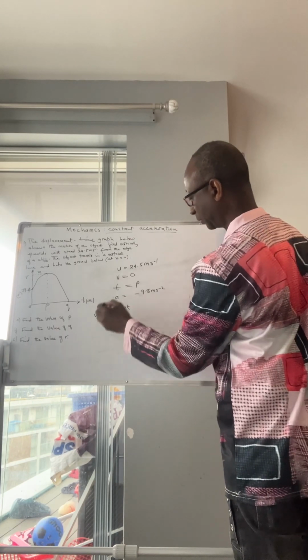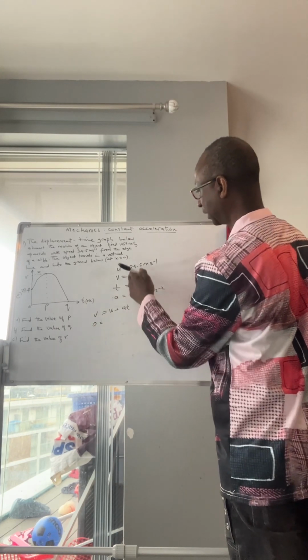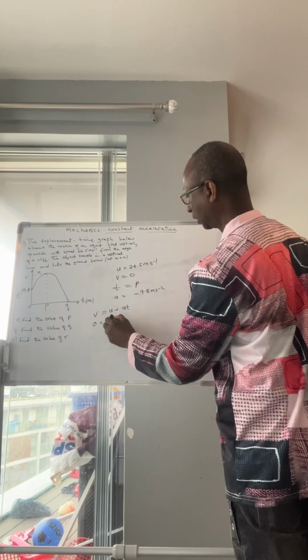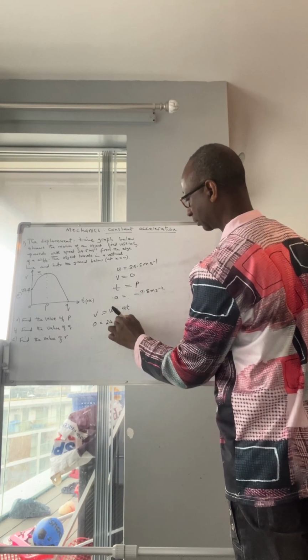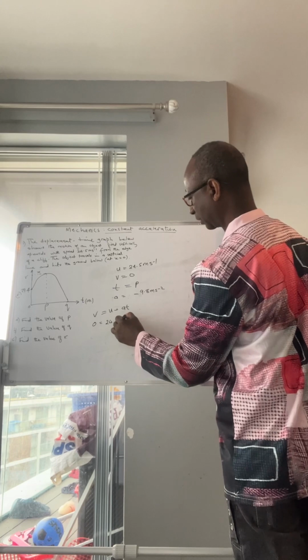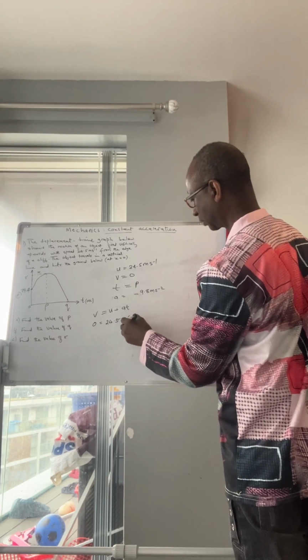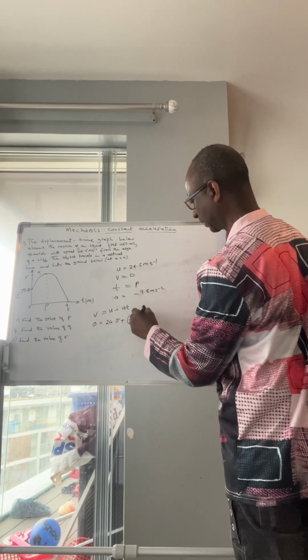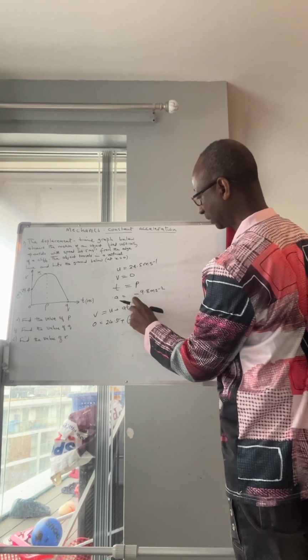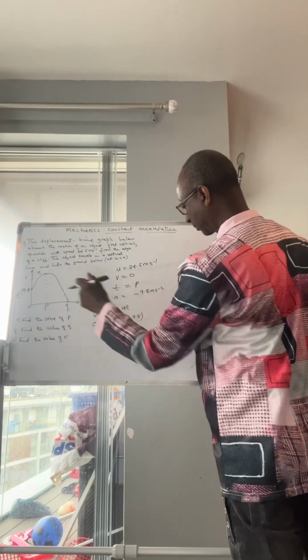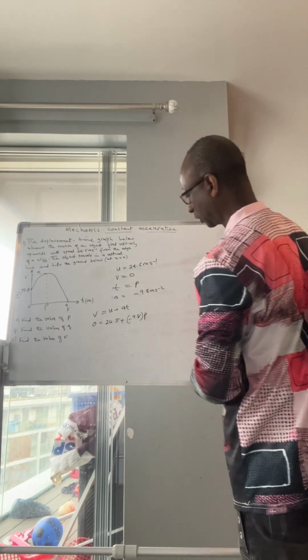So final velocity, which we know is 0, equals initial velocity, which is 24.5, plus a, which is minus 9.8, times the time. Our time here is p. I have to find p, represented by time. So this is what we have.